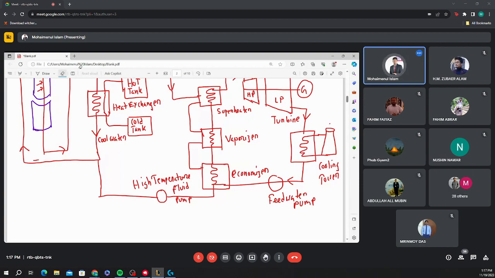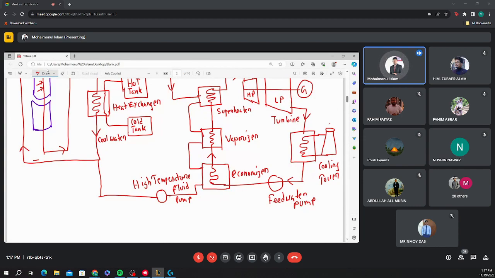Okay, so I need to draw it somehow again. This one. So economizer, and then that economizer helps to heat the water again, and it flows towards the vaporizer.